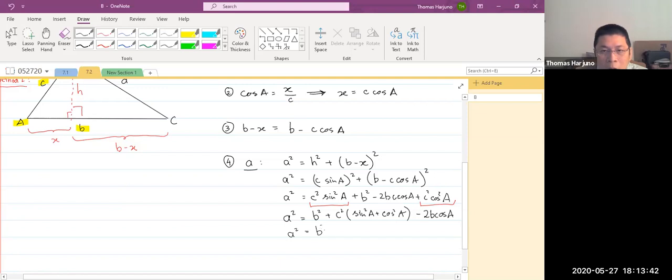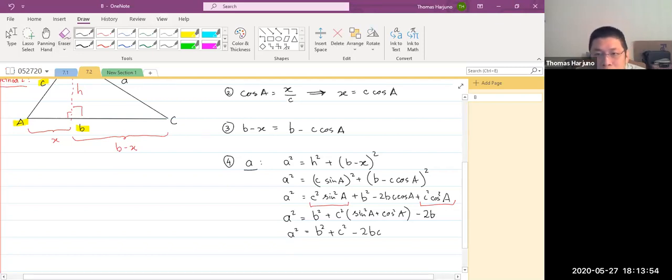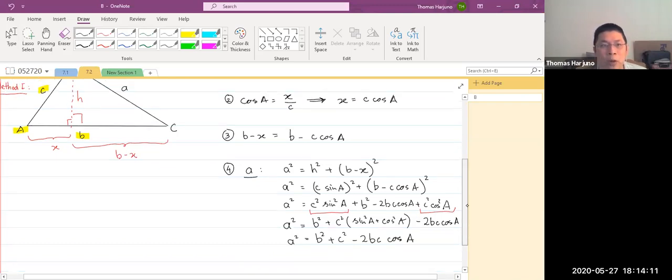So I get now the law of cosines. I'm missing a c there. Okay, that's therefore the proof of the law of cosines. That's method 1.